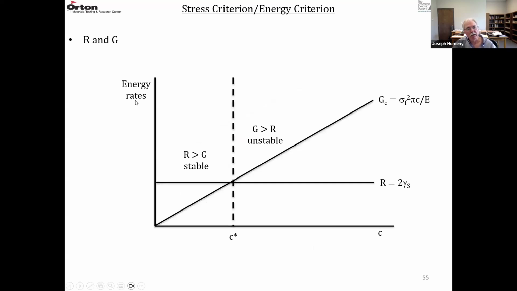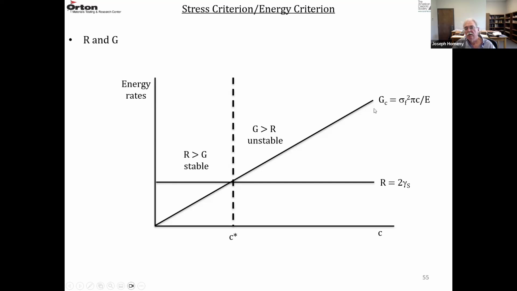So if we plotted these energy rates versus crack length, it would look something like this. Here's our critical flaw size again, C star. Here's R. This is a flat R curve. R equals 2γS. This is typical of brittle materials that have poor thermal shock resistance. So R is a flat curve, it's a constant.